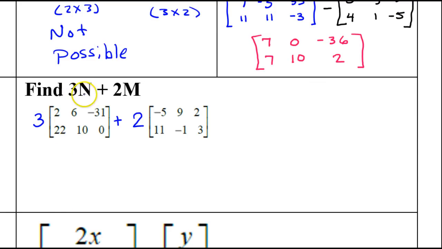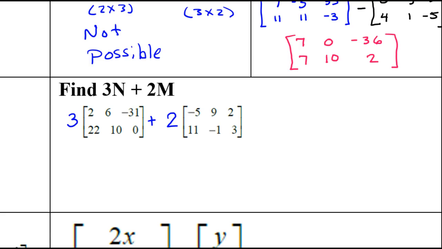Okay, let's do 3N plus 2M. So here comes 3N. And of course, we will multiply each element by 3. So that's going to give us 6, 18, negative 93, 66, 30, and 0.